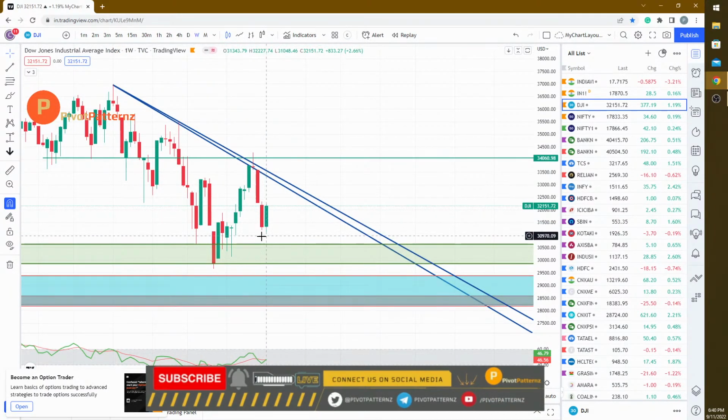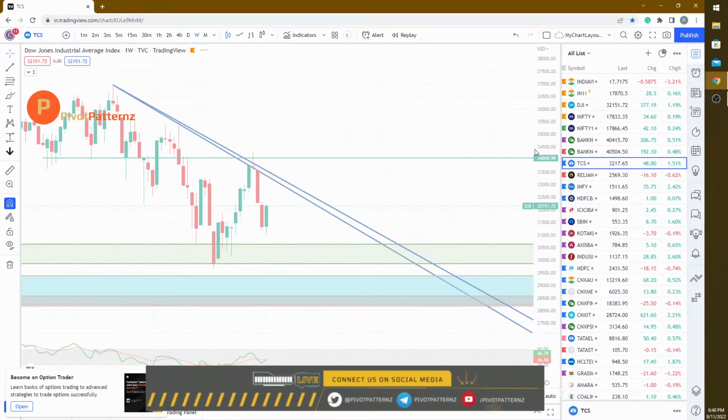This low is very critical now for Dow Jones. It has already engulfed the bearishness. If we open above this trend line, it has already tested price. So I don't see this playing a major role, but this rejection candle is something one should be very careful about. So this is one thing.